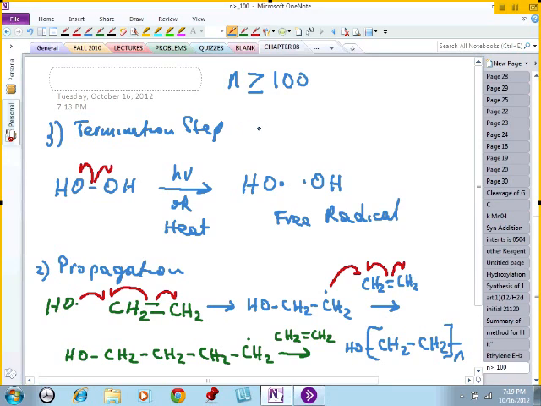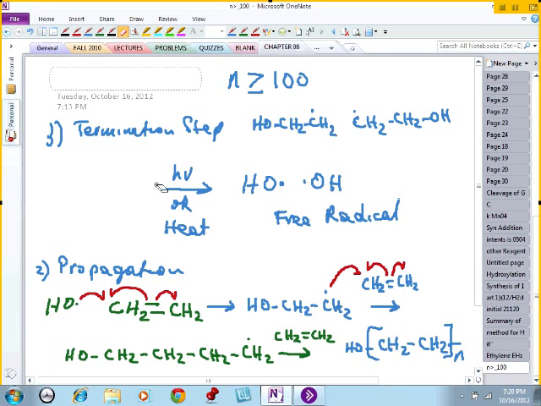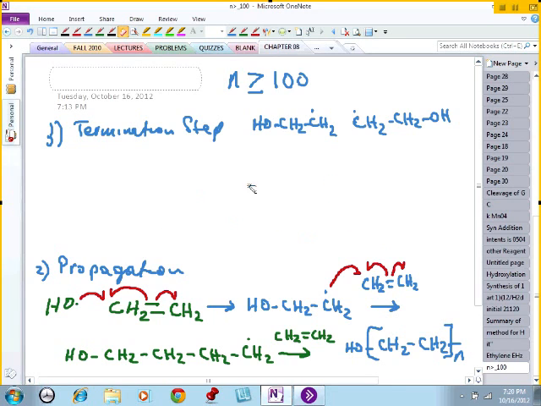So that would be, for example, if you have this plus this here. The termination step is any two free radicals coming together, joining together. That is the termination step.